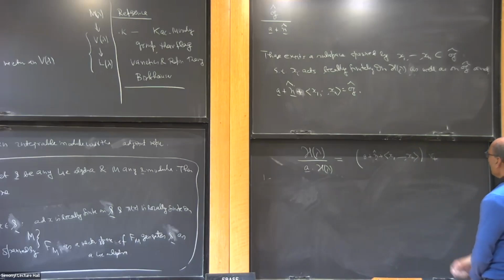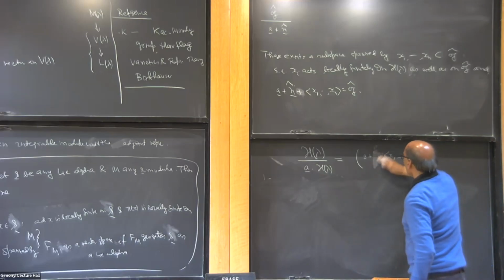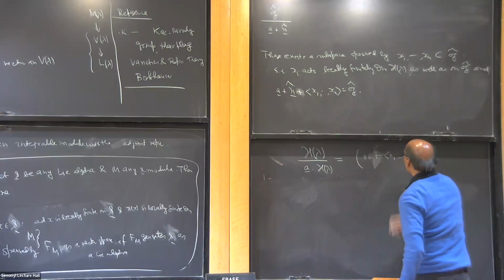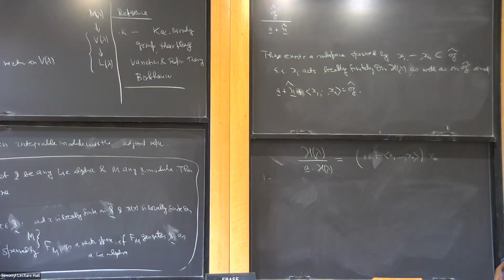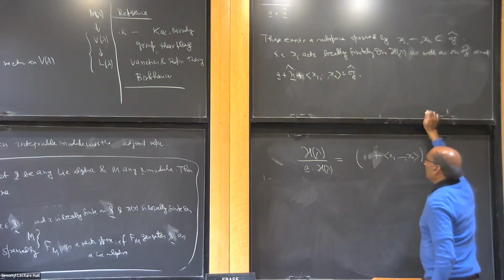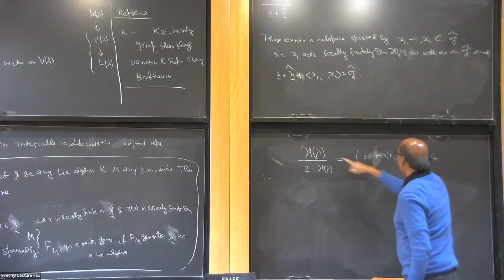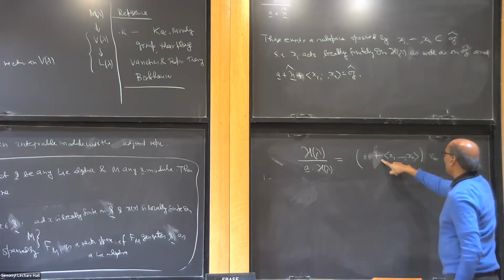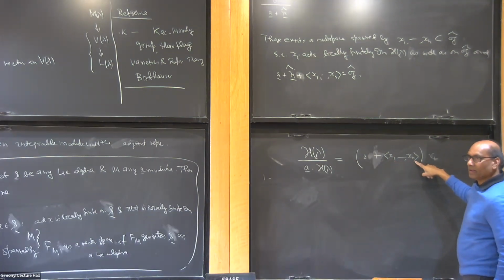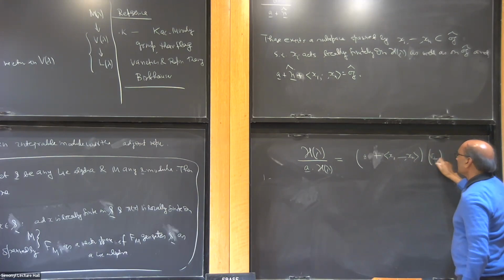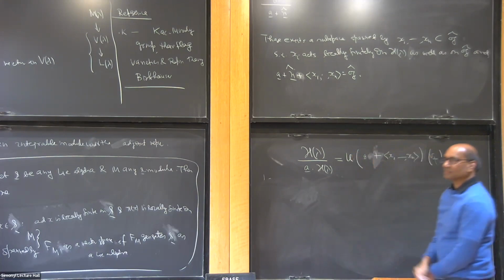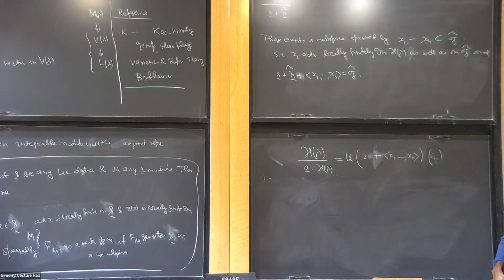Actually, I don't even need that. I can write h lambda as a plus this space acting on b plus. It's not a Lie algebra, but you take all the operators like that.